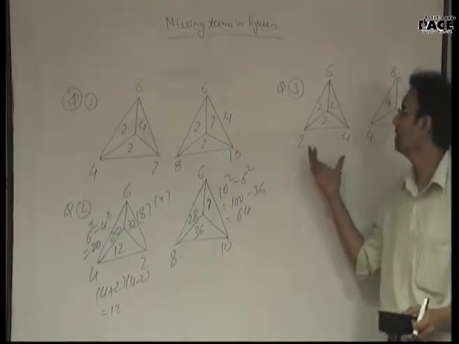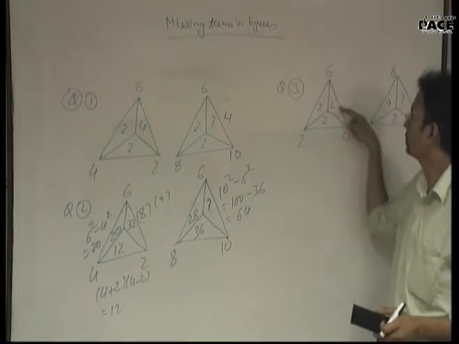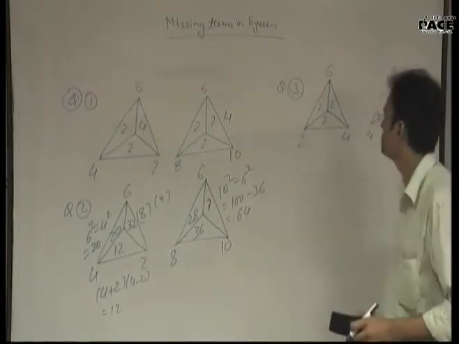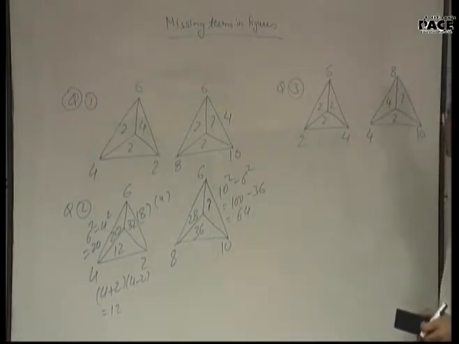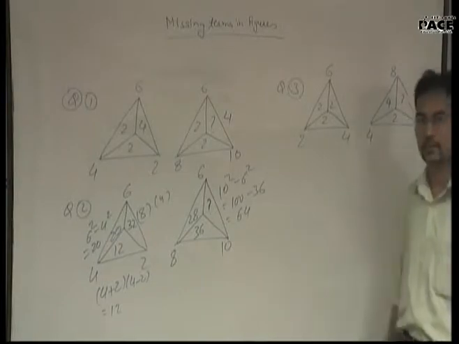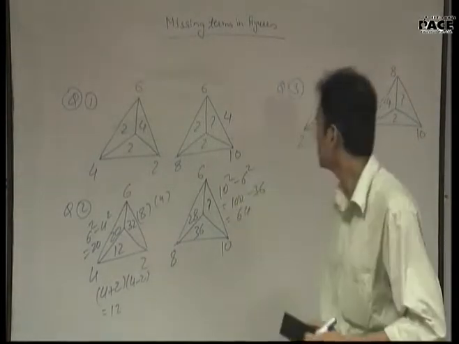If you look at it, you will find 4 minus 2 is 2, 6 minus 4 is 2, but here 6 minus 2 is not 2. Similarly, here also 10 minus 4 is not 6. So what is the peculiarity about this question? What is different?